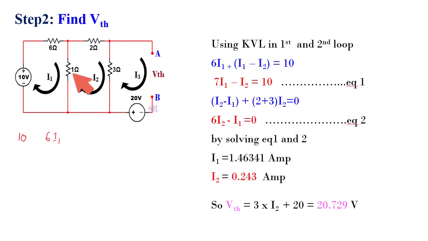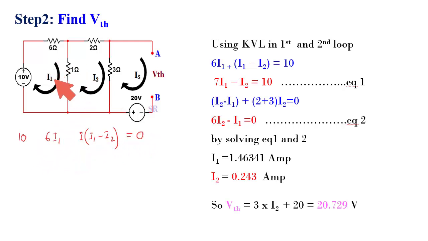Potential drop across this 1 ohm is equal to 1 multiplied by I1 minus I2. Through this 1 ohm resistance, I1 is flowing in downward direction and I2 is flowing in upward direction. Considering I1 is higher than I2, so potential drop across this 1 ohm resistance is 1 into I1 minus I2. Summation of these 3 is equal to 0.